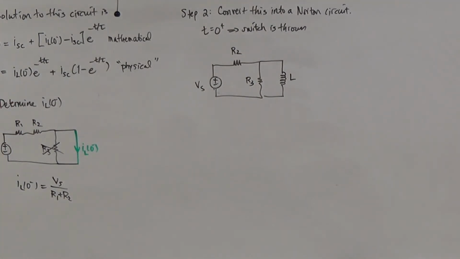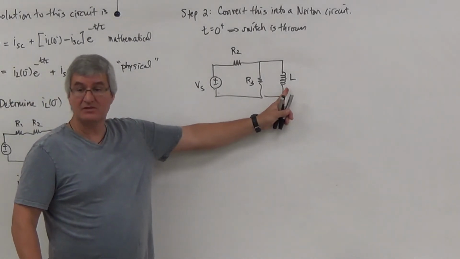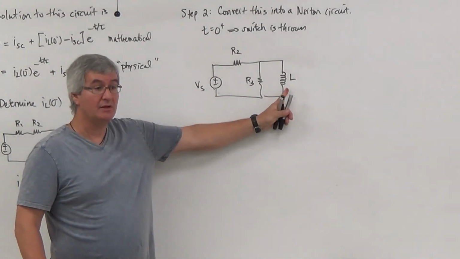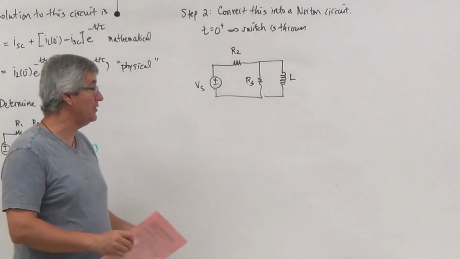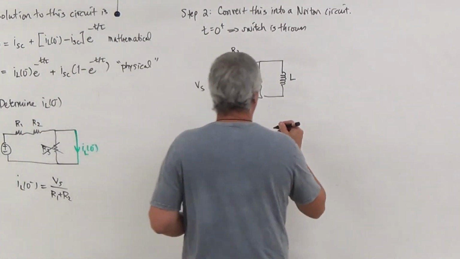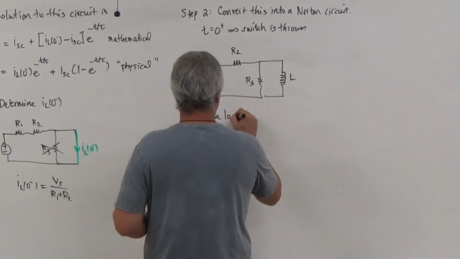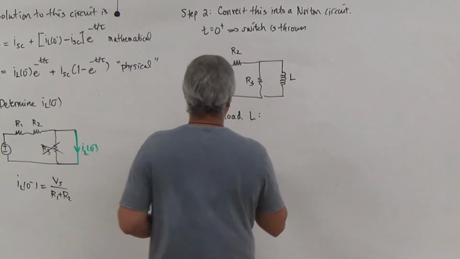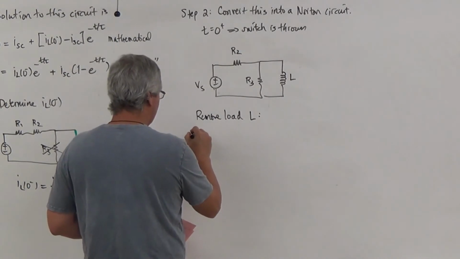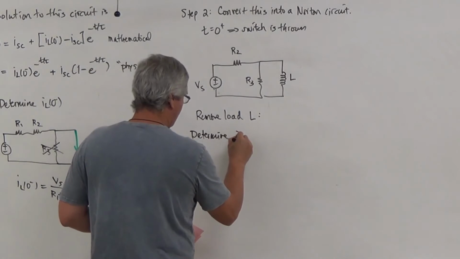So what we typically do now in this case is we convert this into a Norton circuit, and we do the following thing. To convert that, I'm going to remove the load, and then I'm going to determine I short circuit.